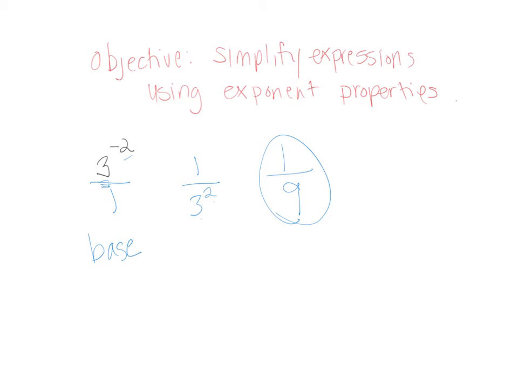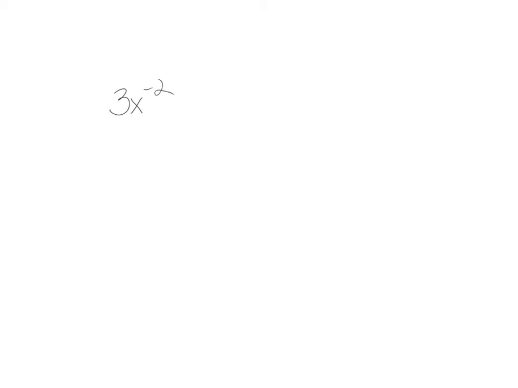Now, if you compare this original problem here, 3 raised to the negative 2 power, to our next problem, notice that what we actually have here is a coefficient of 3, and then just the x is being raised to the negative 2 power. So really, there's like an implied set of parentheses in there.